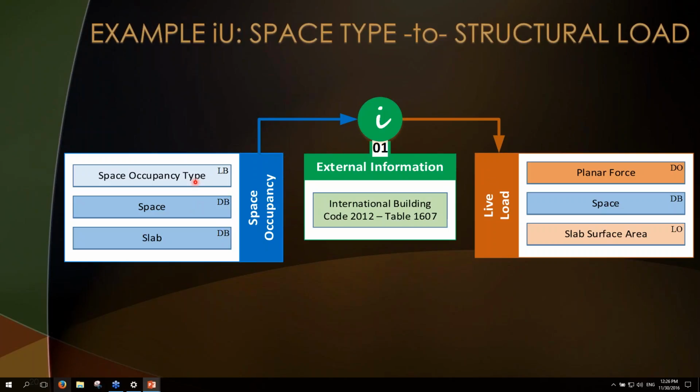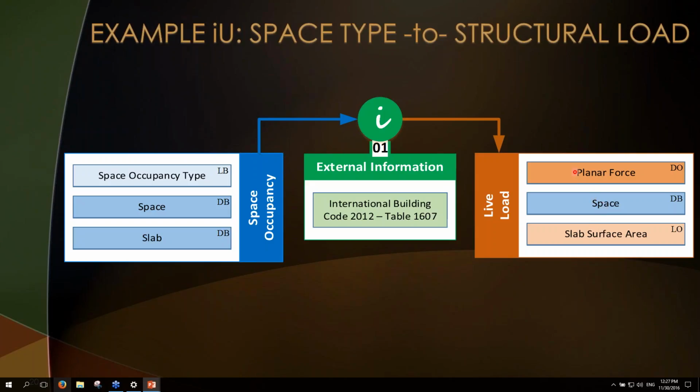In the generic layer, we say, okay, for space occupancy, we need to coordinate space occupancy type information in the input model, the information about the space, and information about the slab that is contained in that space. And for the live load, we have to access the space element in the output file.